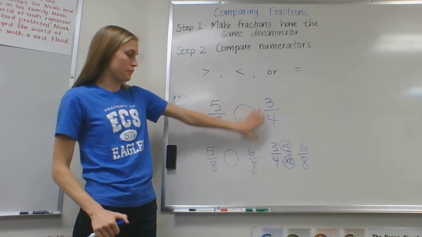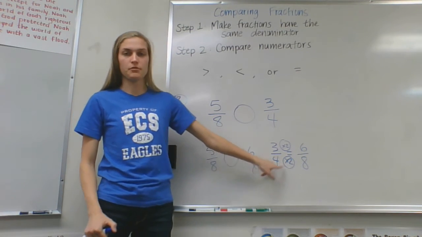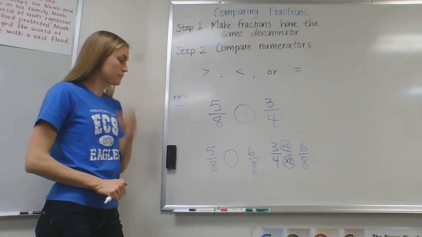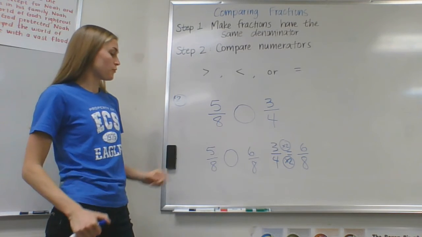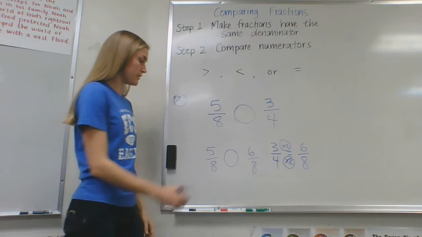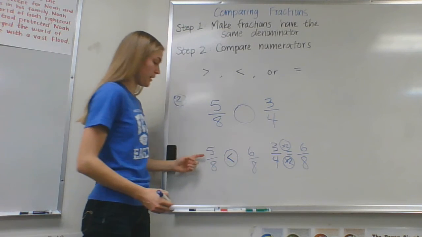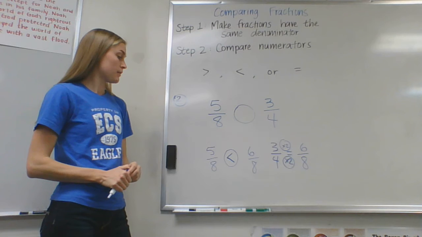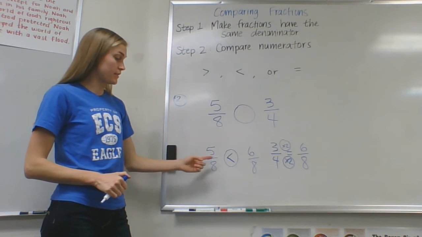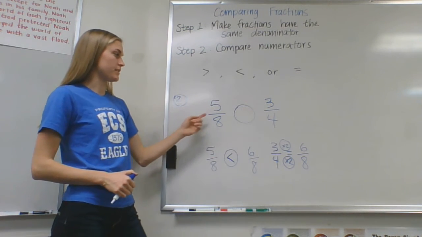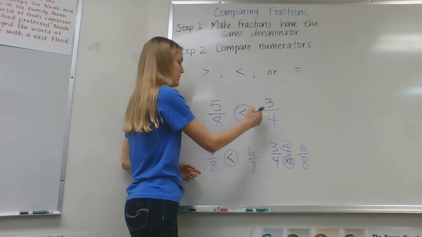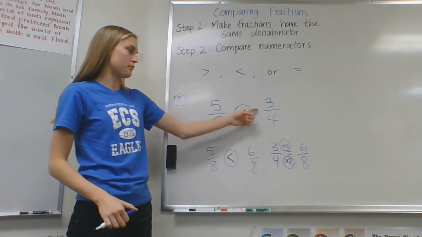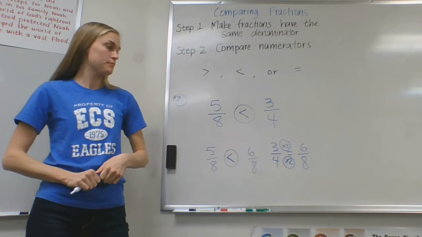I replaced that 3/4 with 6/8, because 3/4 equals 6/8. It says compare numerators. 5 is less than 6, so 5/8 is less than 6/8. And since 5/8 is less than 6/8, then 5/8 is less than 3/4, because 3/4 equals 6/8.